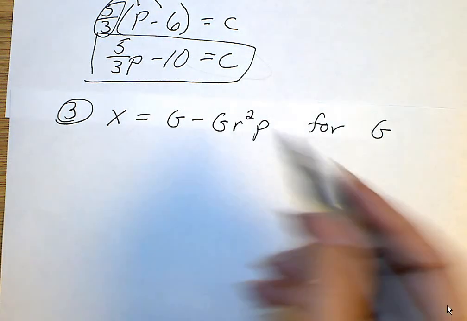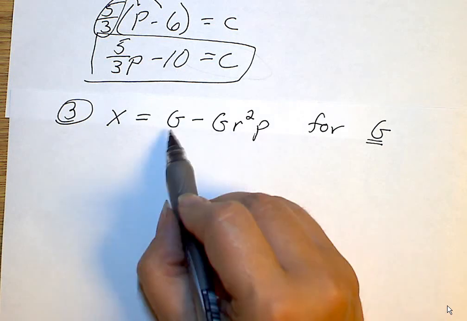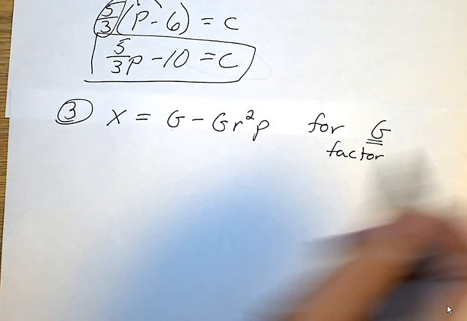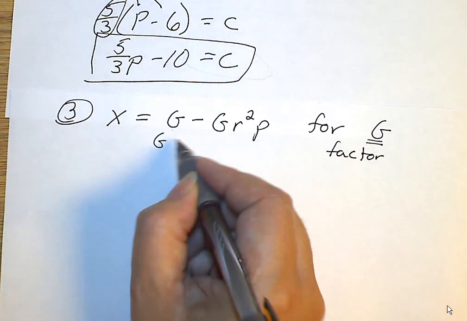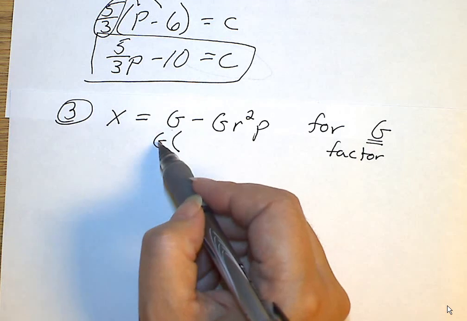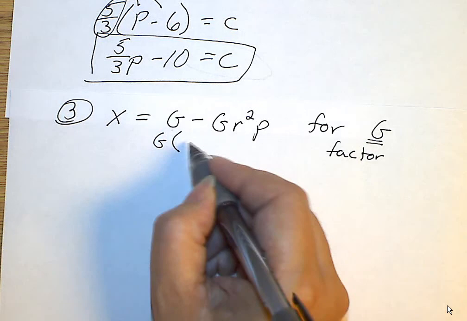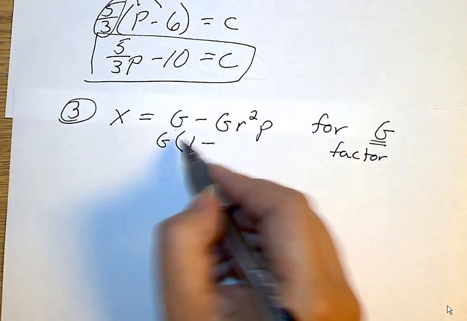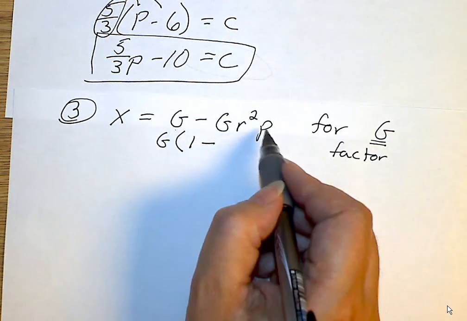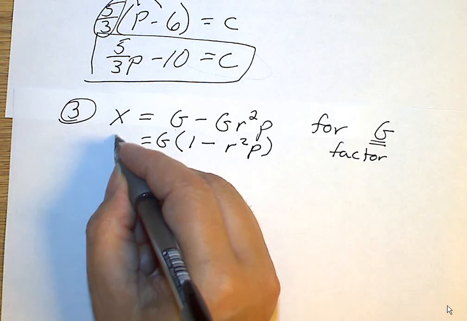If you're solving for something and it's in both terms, remember that your next step is to factor. So we are pulling out the G's in common, and we say G times what will give me G? 1. And then I have minus, and G times what will give me G r squared P? It would be r squared P, very good, is equal to my x.